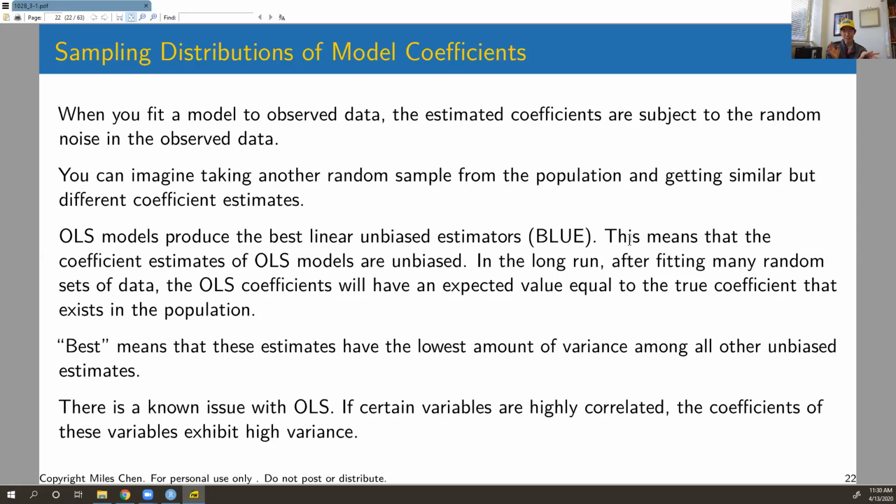But there is a known issue with ordinary least squares regression, okay? And it's that if you have variables that are highly correlated, the coefficients of those variables exhibit high variance, right? Because sometimes the model will say, you know what, I can tell that it depends on X1.